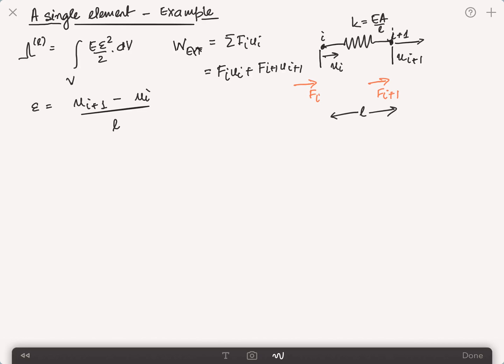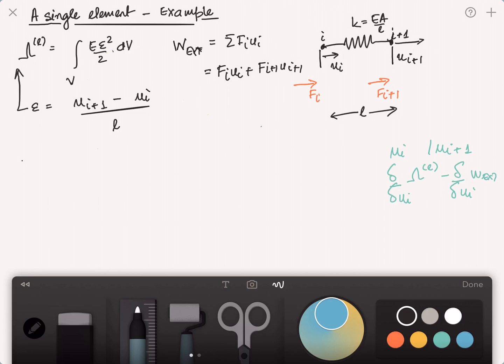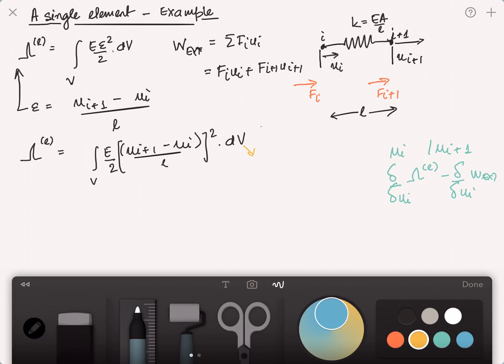We just have to substitute this strain back into the strain energy, which gives us strain energy equal to the integral over volume of E times ui plus 1 minus ui by L, whole square, by 2, dV. Now here we can write dV as A dx, because dx is the only dimension that's actually changing with deformation, and the cross-sectional area A always remains constant by our standard assumption for this element.